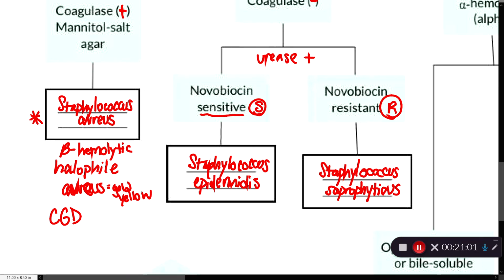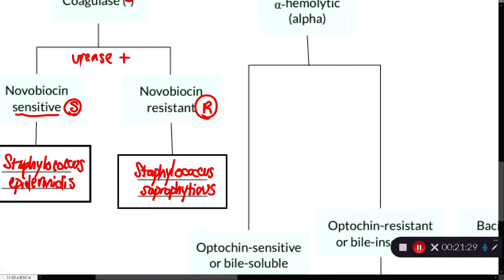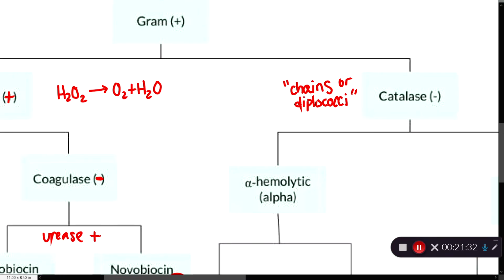And so deficient NADPH oxidase means you're not going to have oxidative burst, and so you're going to have granuloma formation. Staph aureus infections are often associated with CGD as well, because this is very pyogenic. Okay. So we'll talk a little bit more about that when we get to immunodeficiency.